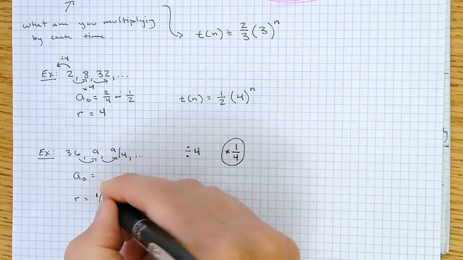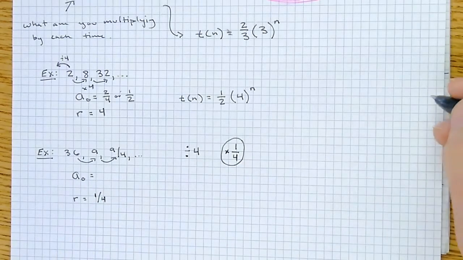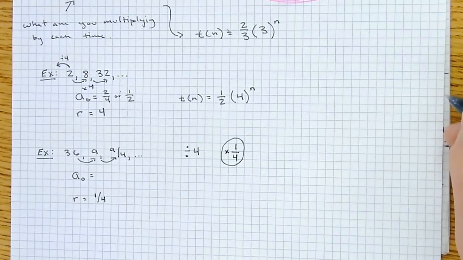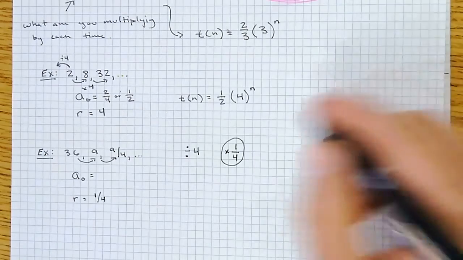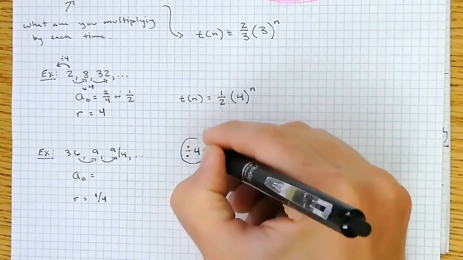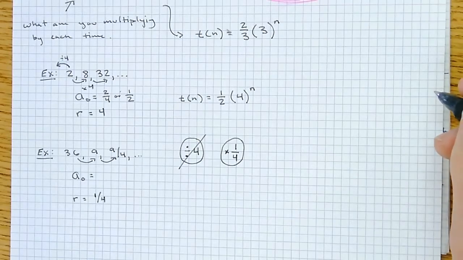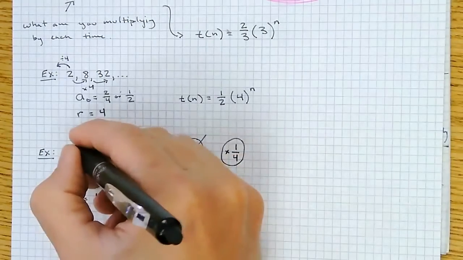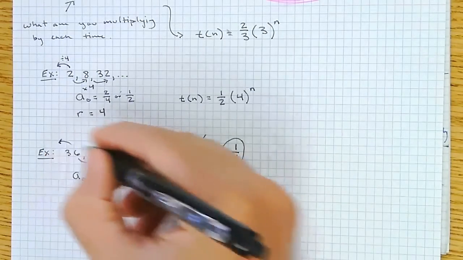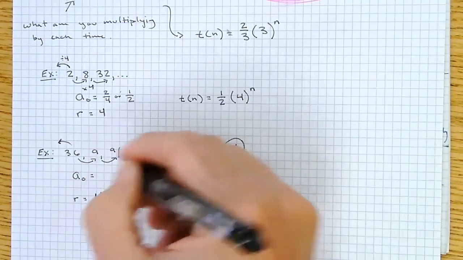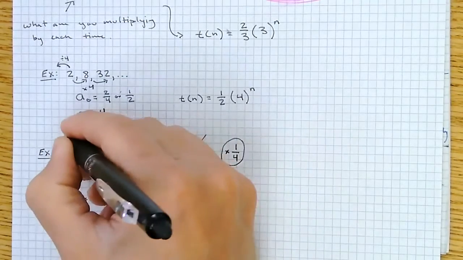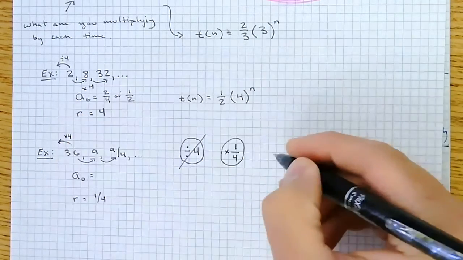It's always in terms of what are we multiplying by. As we work backwards, instead of multiplying by 1/4, we're dividing by 1/4, which is really multiplying by 4.